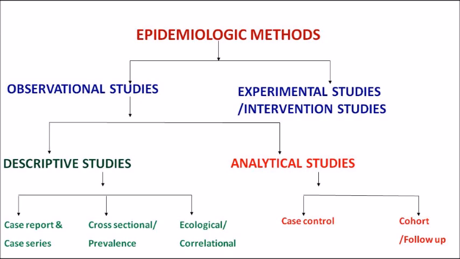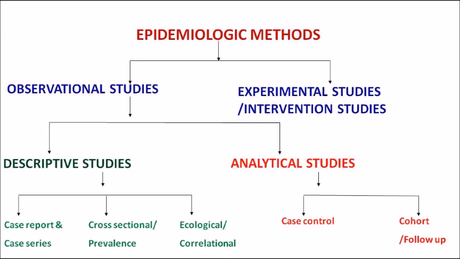It can fit into both. If we have a comparison group, this cross sectional study will fit into analytical studies. If there is no comparison group, and we are just examining a group of people at that point in time, it will directly come under descriptive. So that is the difference. Otherwise, it is known as prevalence studies because it will give you an estimate of the burden. So that is about cross sectional.